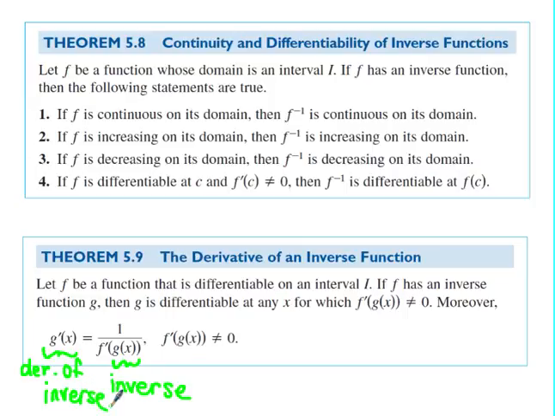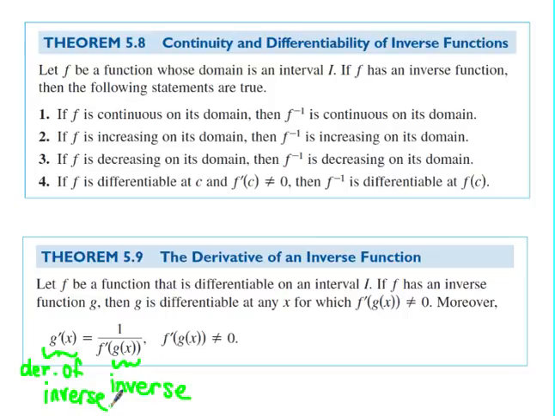That's kind of confusing because we're used to seeing g as the second function. But what they're saying is that if you want the derivative of the inverse, that will equal 1 divided by the derivative of the original function at the value of that inverse.